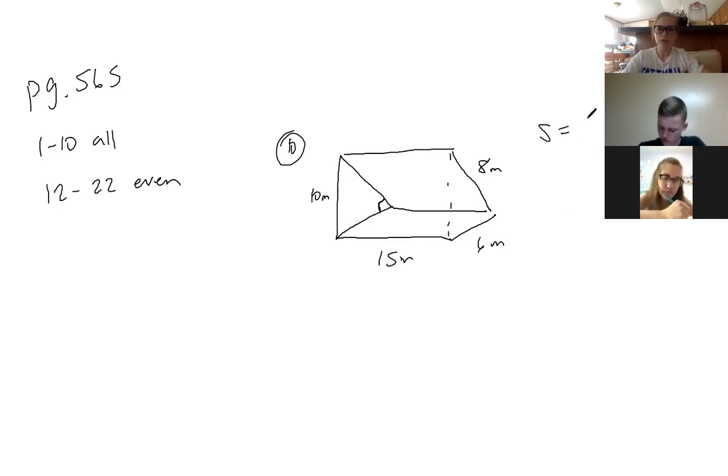So the surface area of a prism is the lateral surface area plus 2 times the area of the base. Well, the lateral surface area for a triangular prism is going to be the perimeter of the base times the height. And I see that the perimeter of my triangle is 8 plus 6 plus 10. That's all my sides added together. So the perimeter is 24 units.